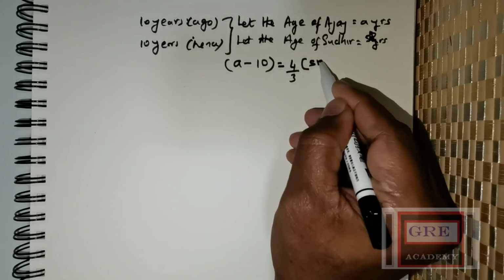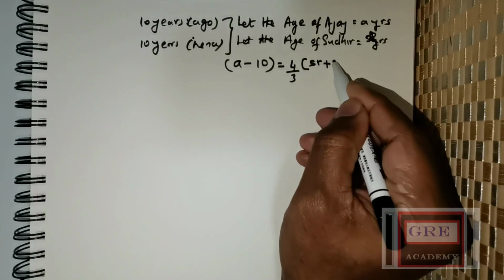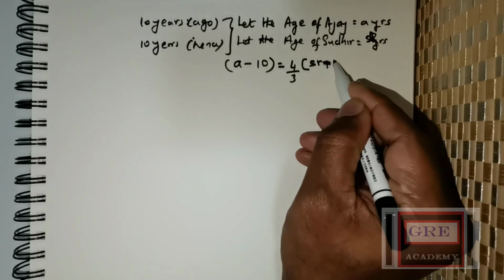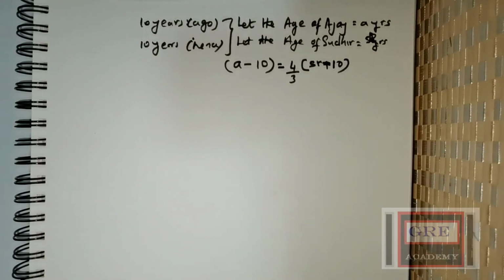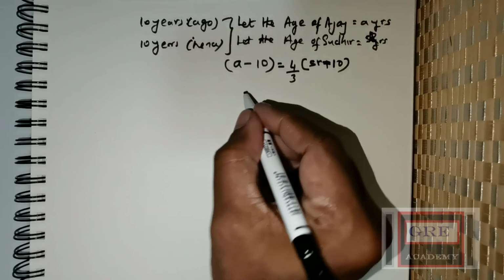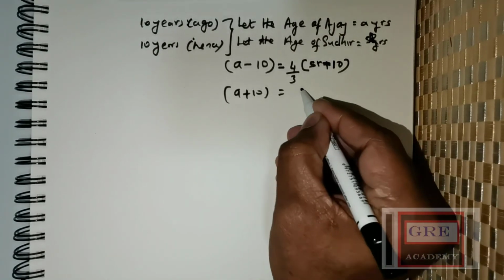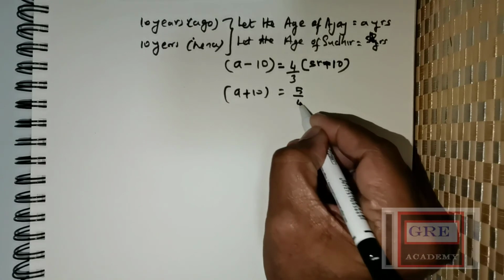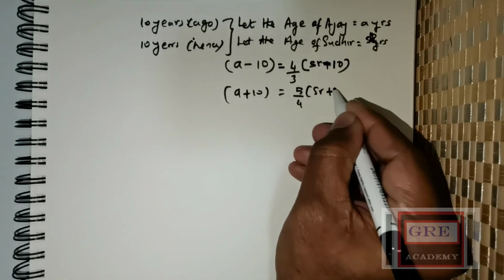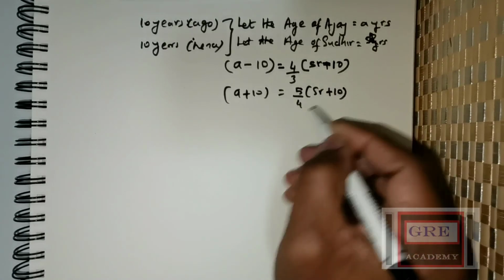So it's going to be minus, right? Now 10 years hence, Ajay's age will be 5 over 4 times the age of Sudhir.